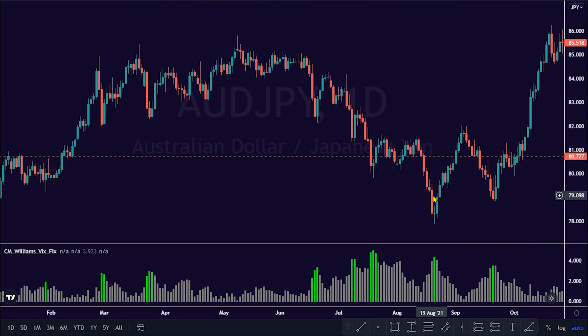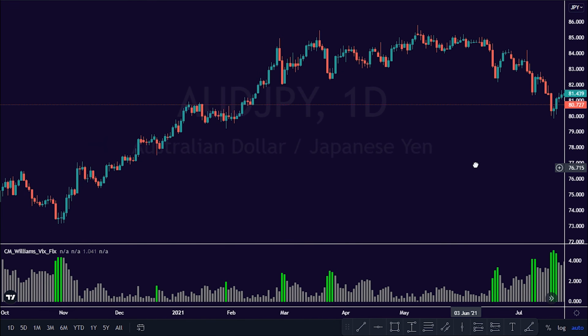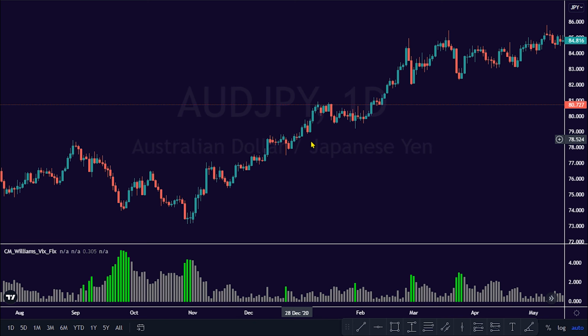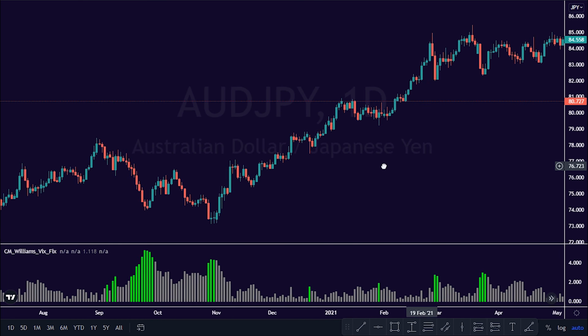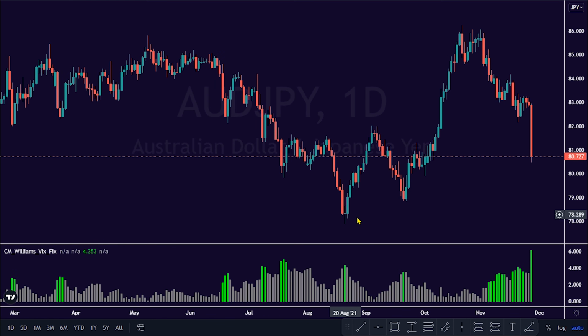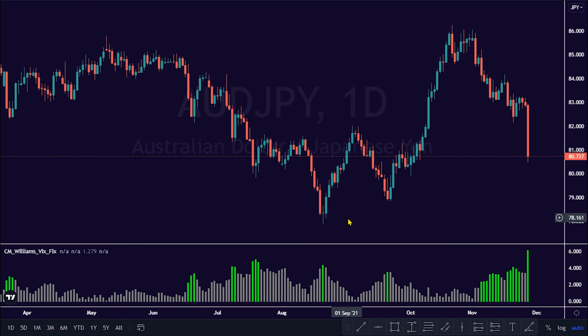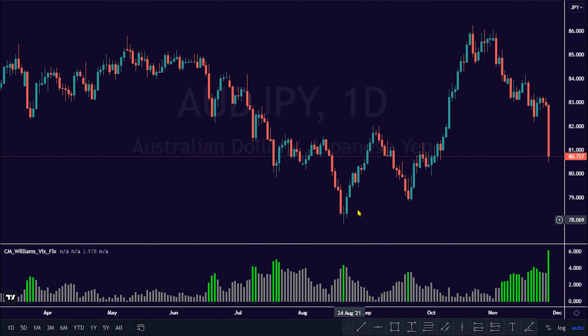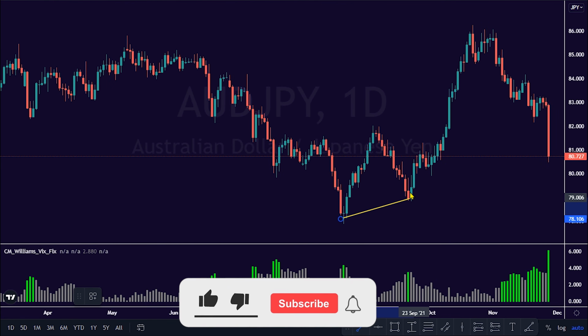Now, let's see how the divergence system of the CM Williams VIX Fix Finds Market Bottom indicator can be used to detect buy and sell trade setups in the market. Divergence simply means the opposite swing of direction between price and indicator. As we can see on the price chart, there is a low here, and here comes the second higher low.